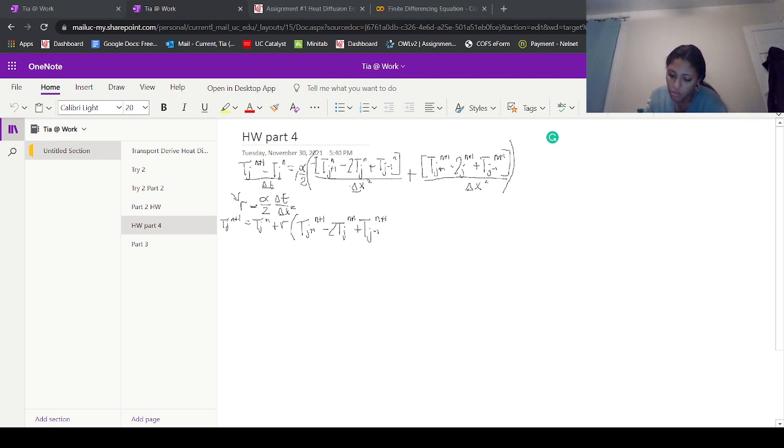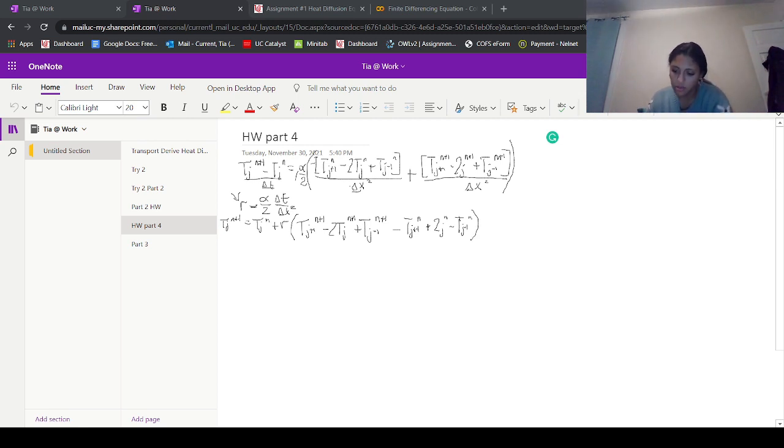Then I'm going to move my screen over, and we're going to have the stuff with the negative on the left side of the parenthesis. So then we're going to have minus temperature j plus 1 at time n, and that's a negative 2 there, so we say positive 2 at position j at n, and then minus temperature at position j minus 1 at n, right?